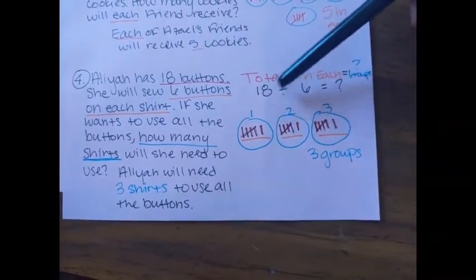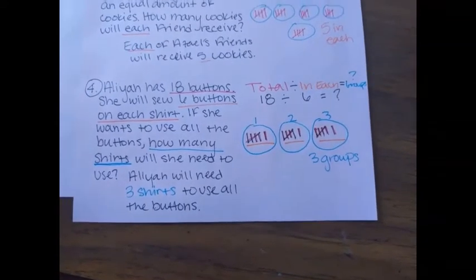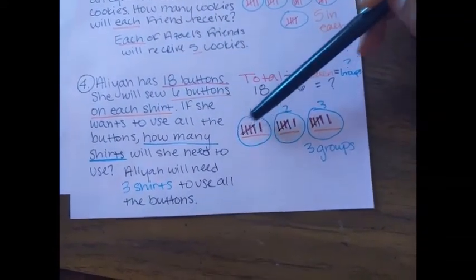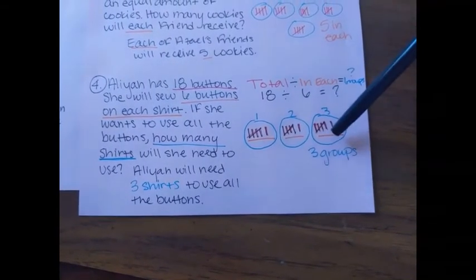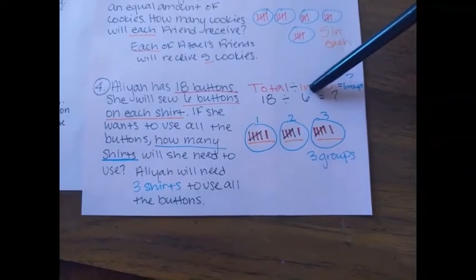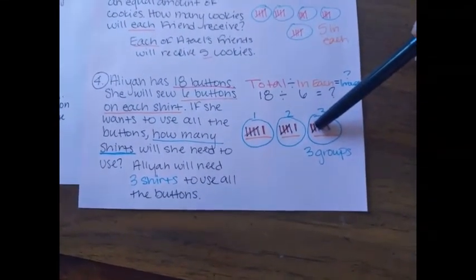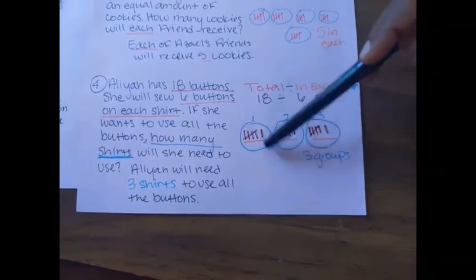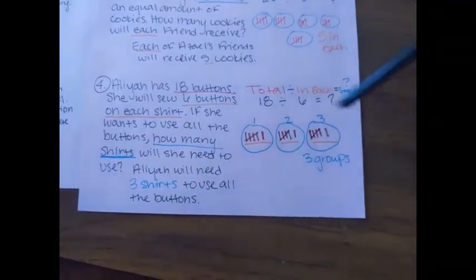You have the total and the in each equation to find our groups, and you put 6 in each for our in each, and you used 18 tallies in total, and then you grouped 6 in each group, right?